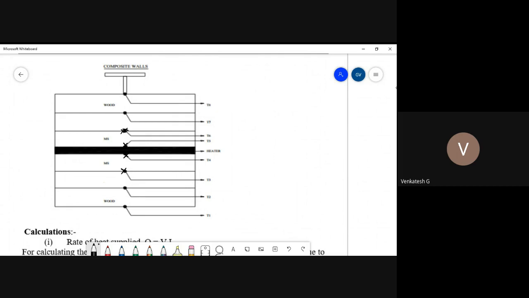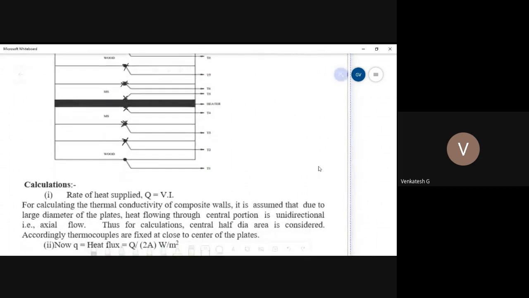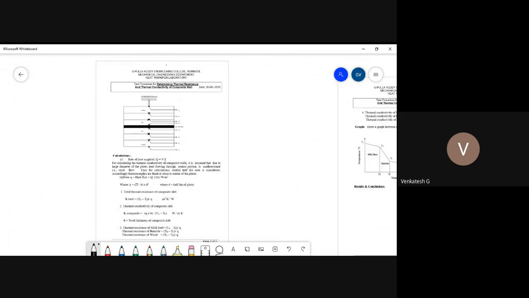In the same way, the bakelite has two thermocouples, and the last one is wood. So this is mild steel, this is bakelite, and this is wood.